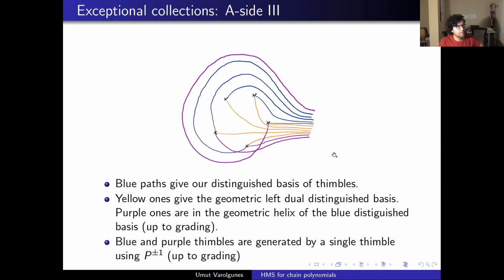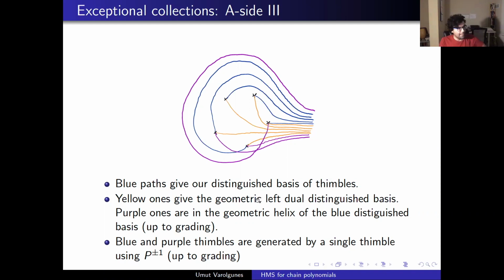Any 5 adjacent ones of those that you choose are going to give you a distinguished basis of thimbles, and they're going to lead to the same subcategory of the Fukaya-Seidel category because of the symmetry.